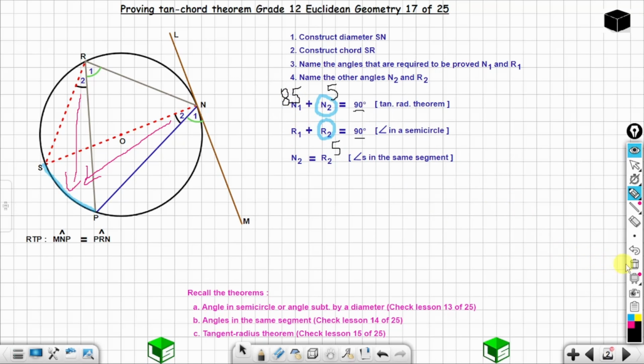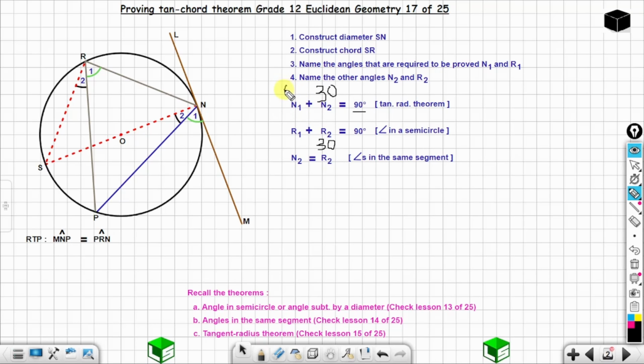I can show you another example. Let's say N2 is equal to 30 degrees. Because N2 is equal to R2, it means R2 is also 30 degrees. So what is N1 equal to, so that you have 90 degrees? Do you agree?